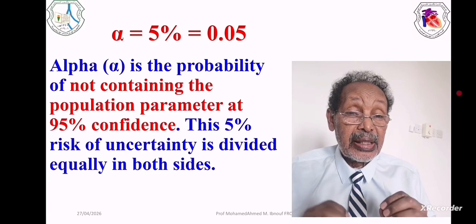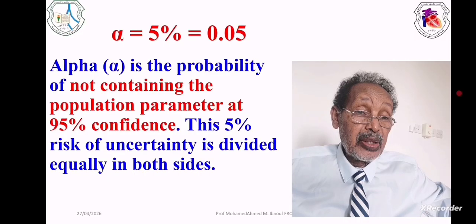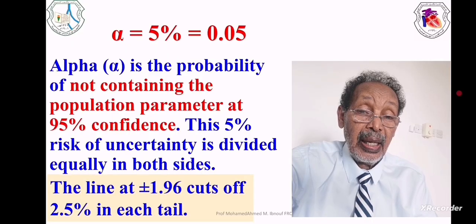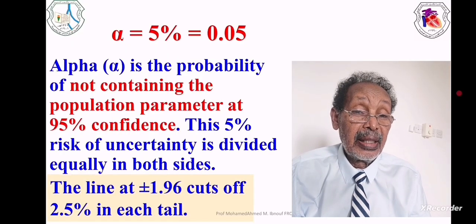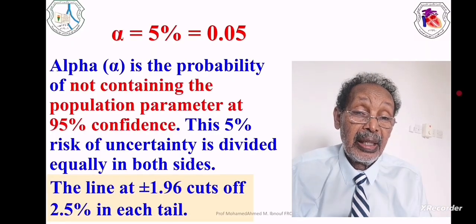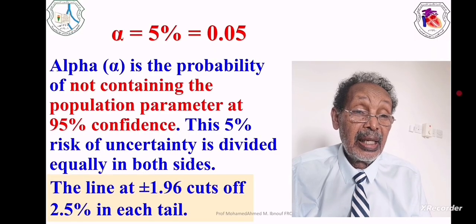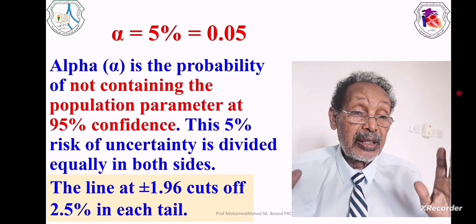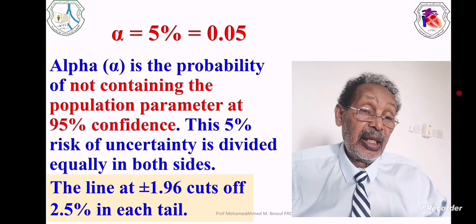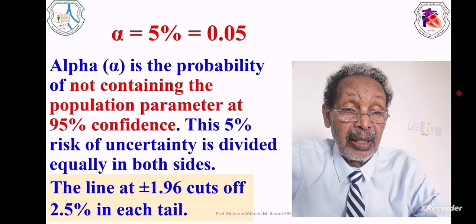This 5% risk of uncertainty is divided into two equal halves as I described before. And the line that demarcates the limits of our 95% confidence interval is the critical Z value equal to plus minus 1.96 that cuts off 5%, split into two equal halves, 2.5% at each tail. That is 0.025 at each tail.